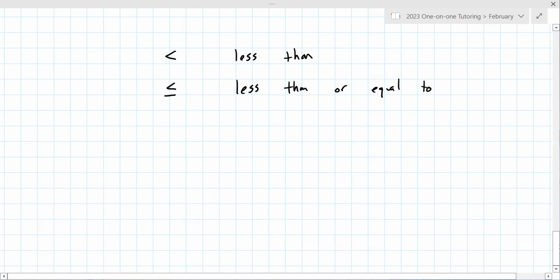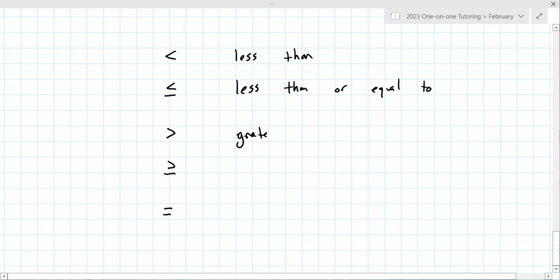Have you seen this before? Yeah. Okay. So there is equality, and you will see that in another example we do. But for now, if it's got the line underneath, that's the part that's the equal to.